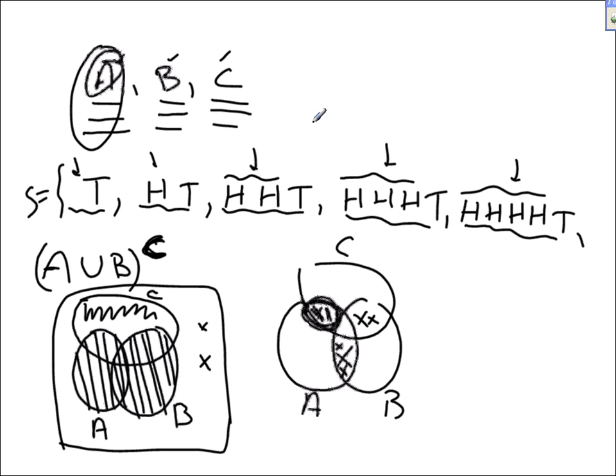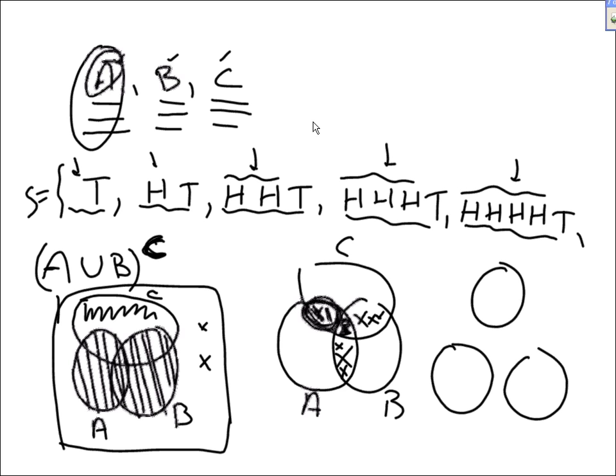They all 3 can't win. In fact, these are mutually exclusive. If A wins, B didn't win. So you can even do it like this. But the argument I gave in this Venn diagram is perfect.